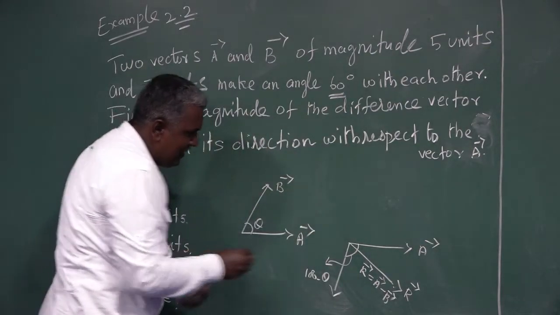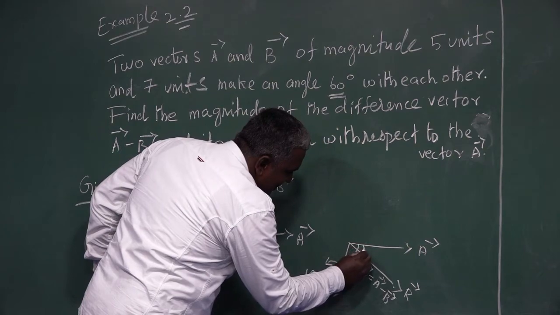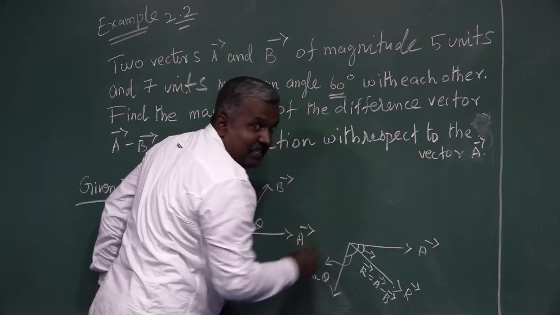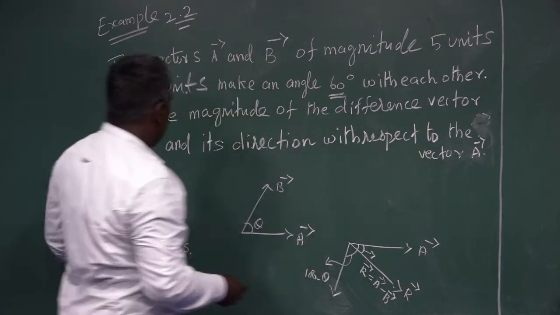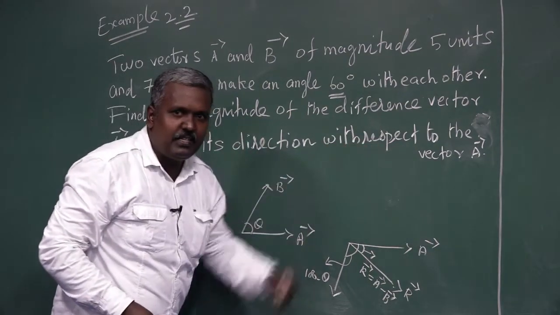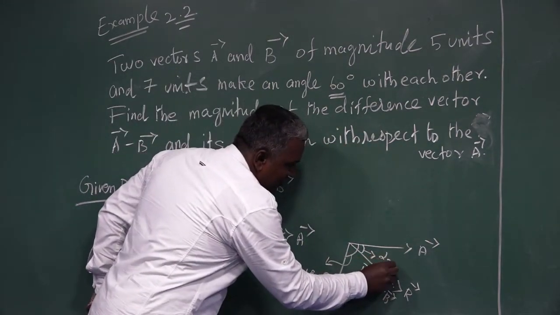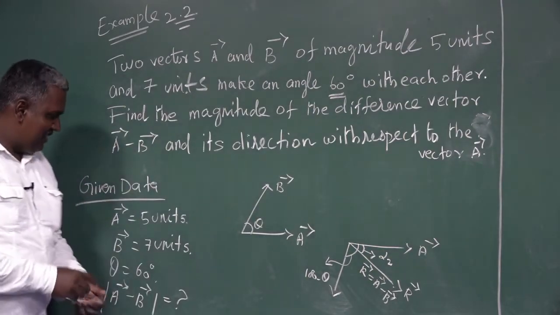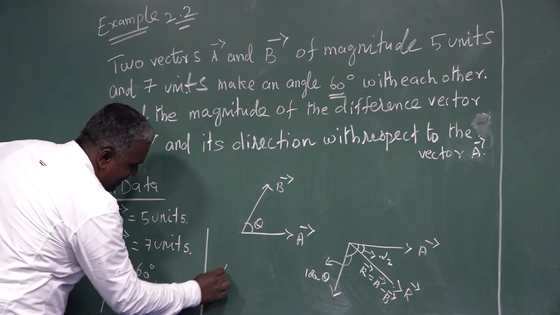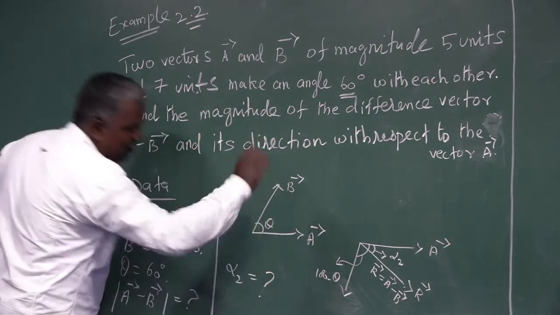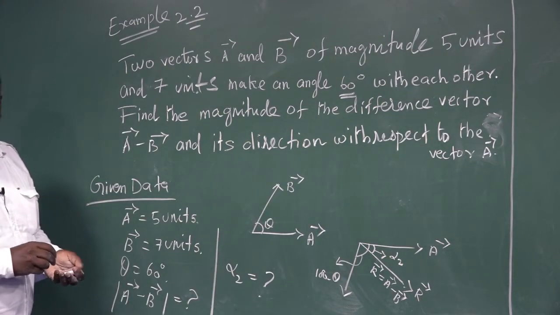And its direction with respect to A vector, so this is alpha 2. Alpha 2 is equal to question mark. That's all.